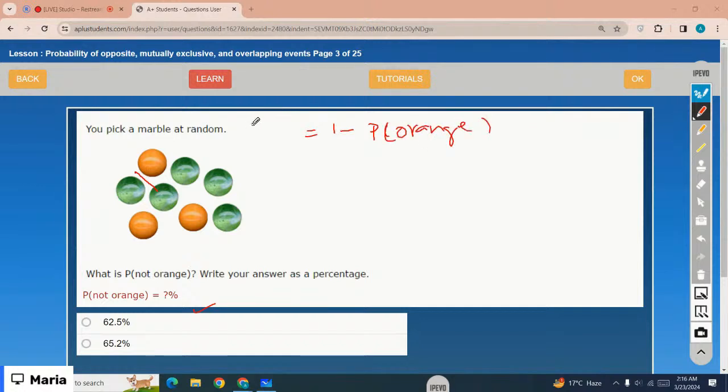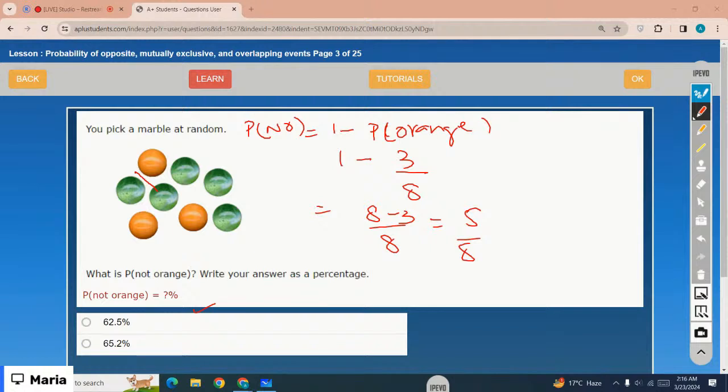That is the probability of not orange, right? 1 minus the probability of orange is 3 over 1 2 3 4 5 6 7 8, right? So that would be 8 minus 3 over 8, that is 5 over 8. So simply divide 5 by 8 and multiply by 100. 5 by 8 is 62.5.